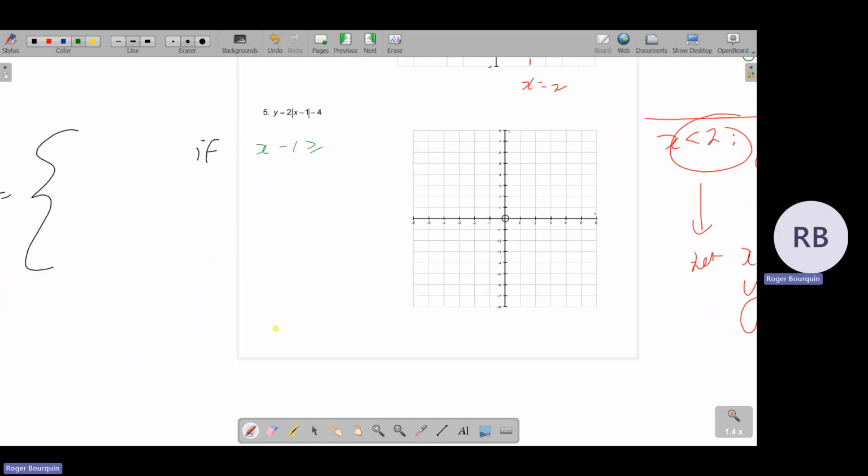I always start with this side. Another situation is if x minus 1 is smaller than zero. So if what's inside the absolute value is bigger than or equal to 0, then what's inside the absolute value stays the same. Use that logic to get the top row over here.